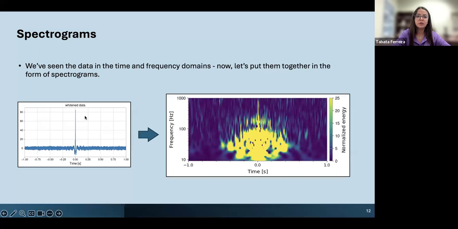I have here an example of this glitch, this transient noise, represented by spectrograms, where you can see now how the frequency changes according to the time. So for example, in the beginning, we have that this glitch reach only low frequencies, but in the middle of the glitch, we have higher frequencies.